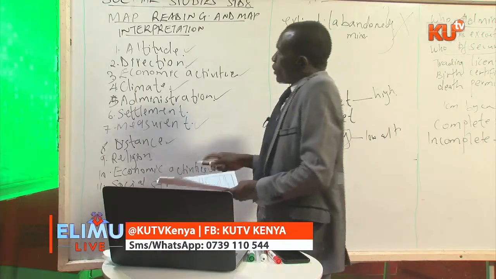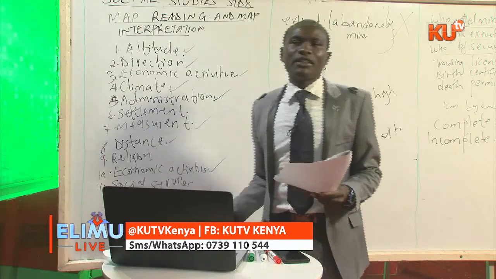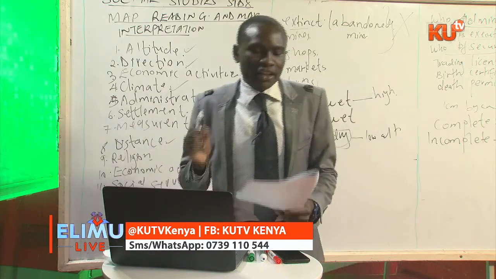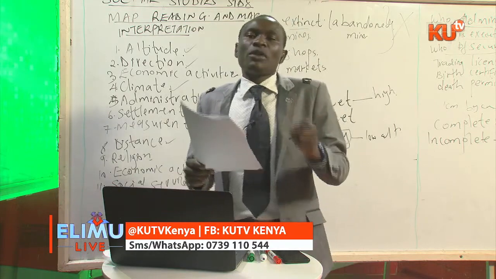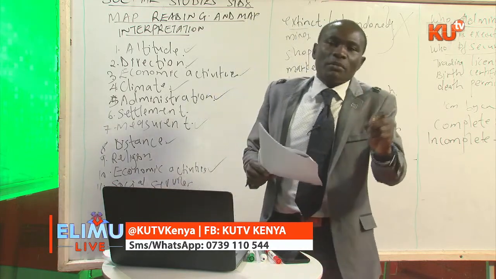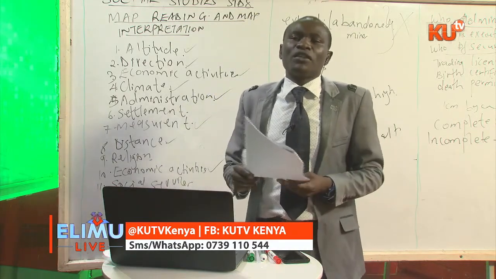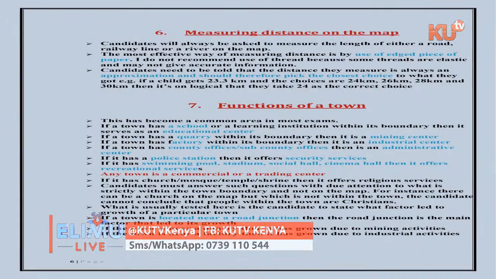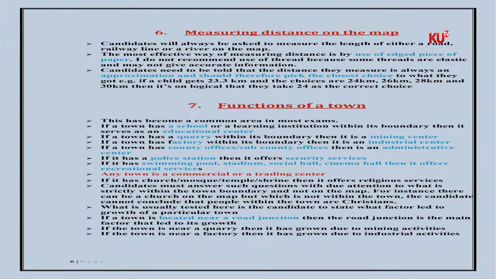Settlement on a map is also an area that is most commonly examined in KCPE. The examiner will test you on why the type of settlement has been influenced by dash. So a scattered or dispersed population may also mean sparsely populated.